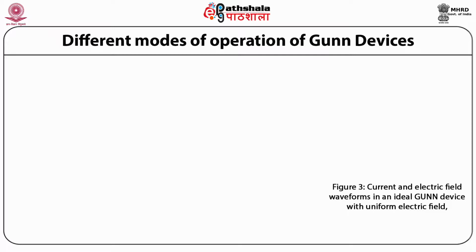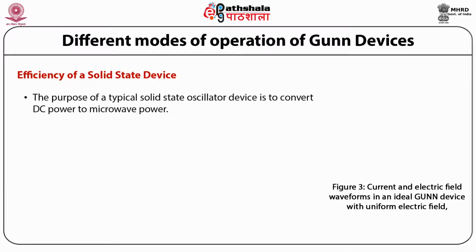Different modes of operation of Gunn devices. So students, let us first discuss the efficiency of a solid state device. The purpose of a typical solid state oscillator device is to convert the DC power to a microwave power.